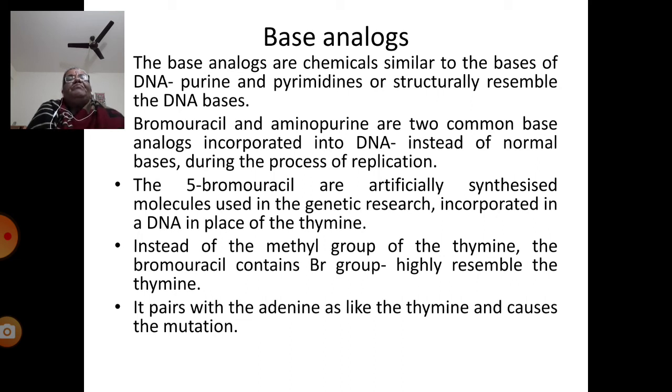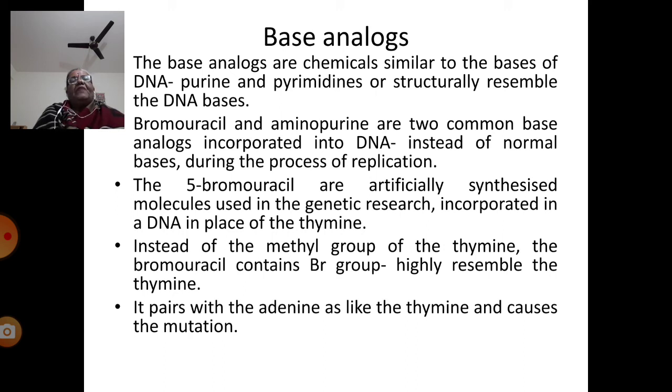And the best known base analogues are 5-bromouracil, 5-BU, and aminopurine, which are incorporated into DNA instead of normal bases during the process of replication. The 5-BU, 5-bromouracil, can be artificially synthesized and used in genetic research.